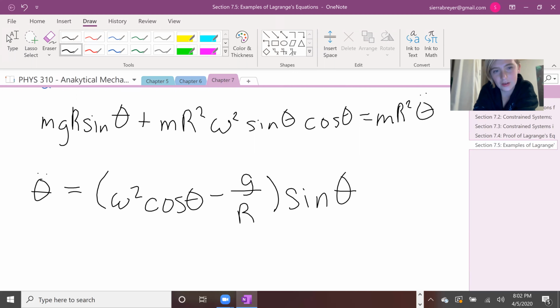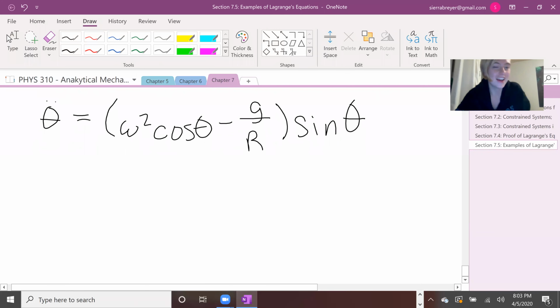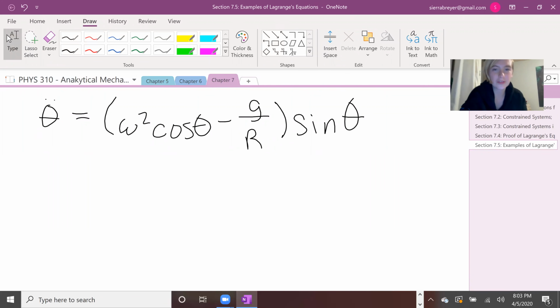Just a real quick explanation: all the m's cancel, I divided by r squared, and then I factored out a sine theta, just for a simplified answer. I'm going to pretend I did that all in my head, but actually, I definitely had it written down. So that's what we're looking for there.